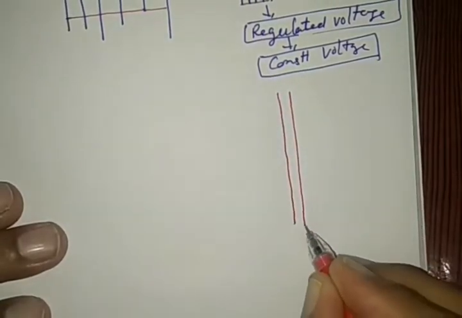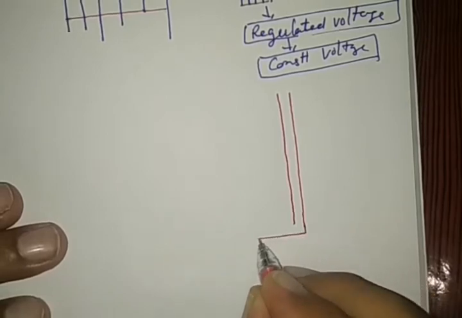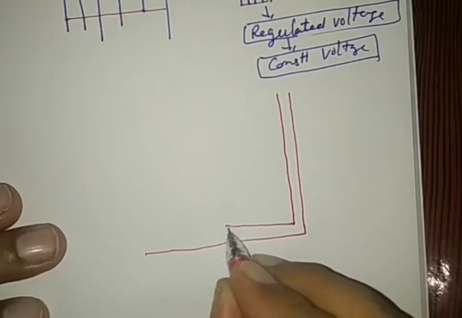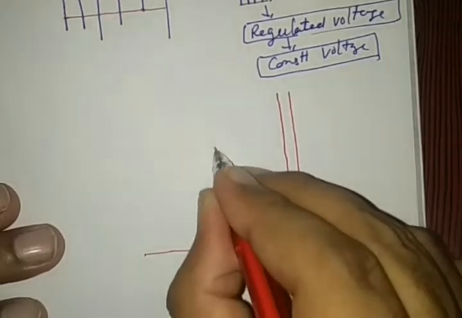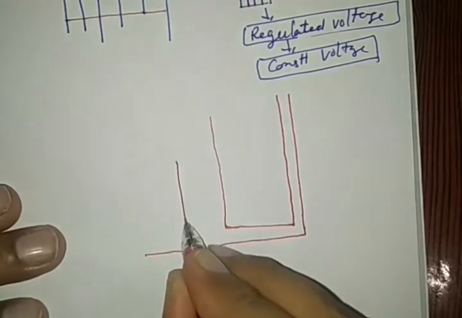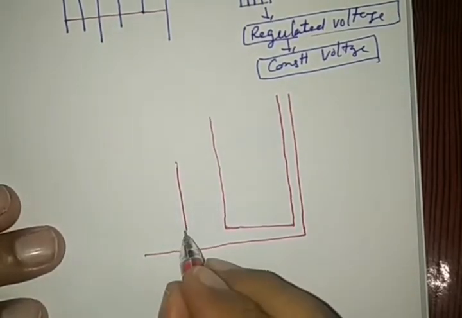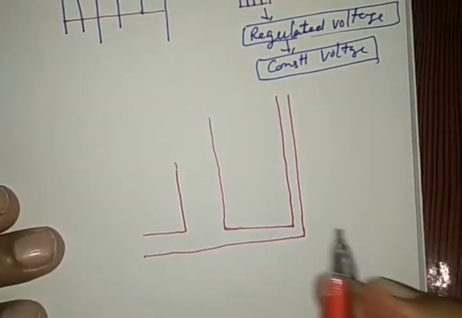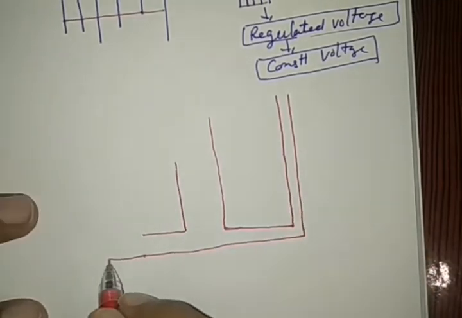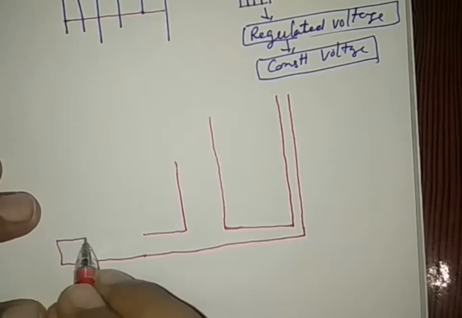This capillary tube is connected with one more device, and it is again connected with this.